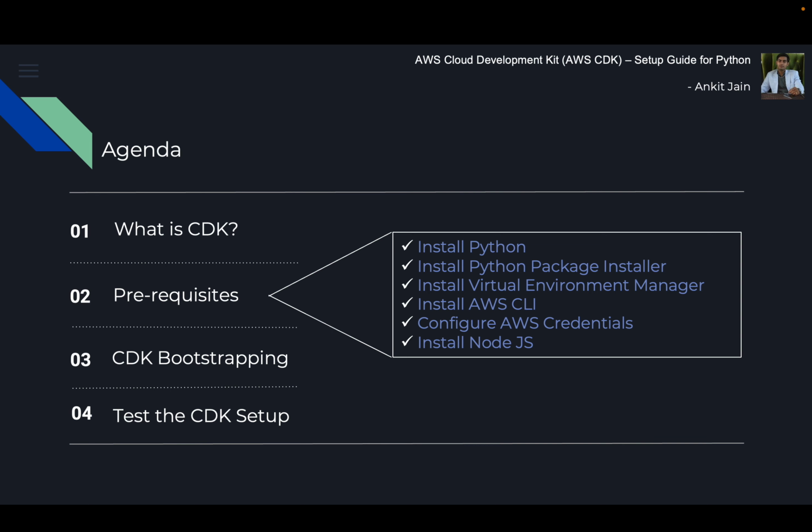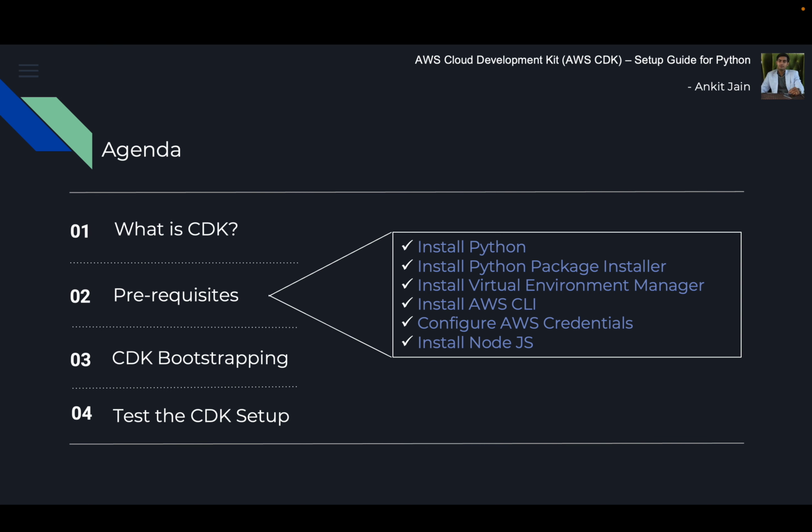Then Node.js. Why Node.js is required? Okay, so there are different programming language supports in CDK: Python, Java, C Sharp. But irrespective of the CDK programming language that you choose over all these options, all the CDK apps use the same backend. Because when I'm saying that CDK is a framework, it will also use some backend technologies to convert your code into the CloudFormation template.